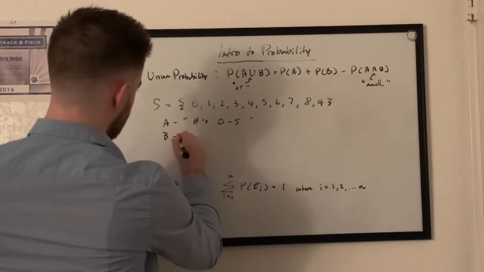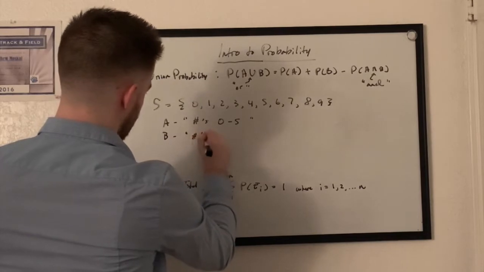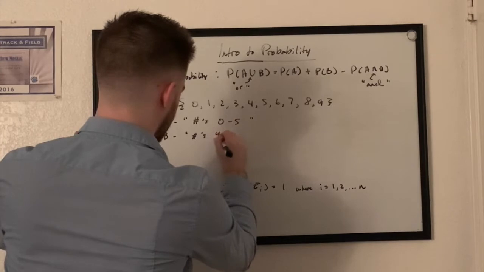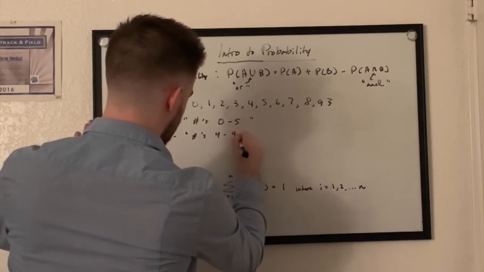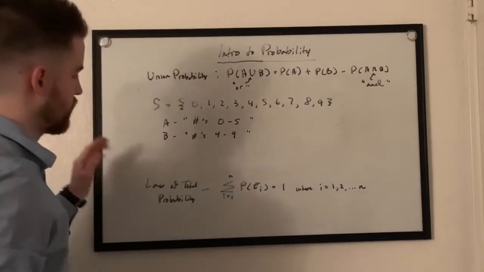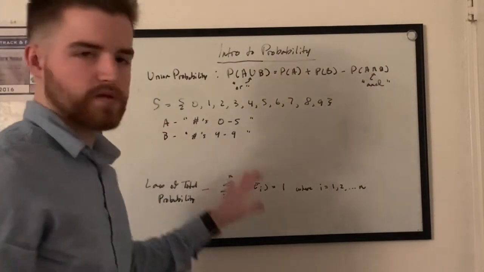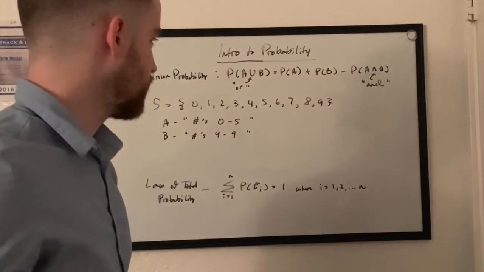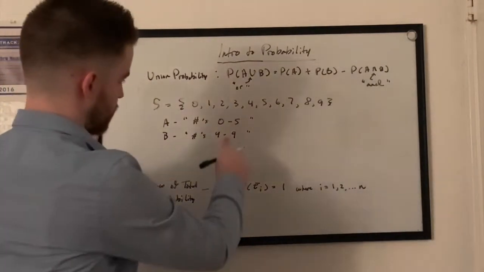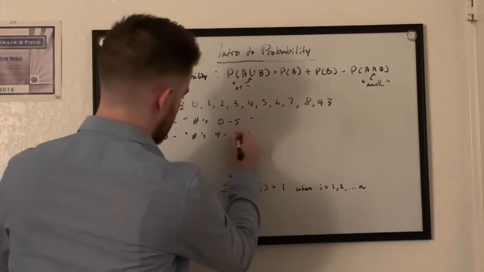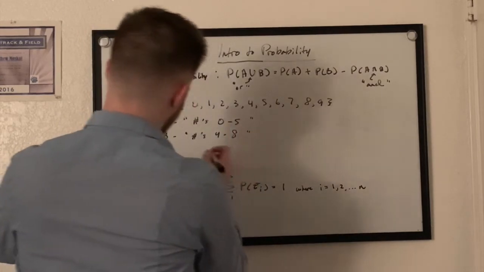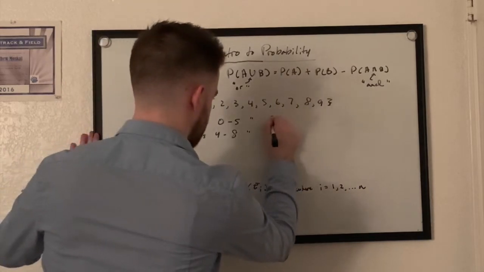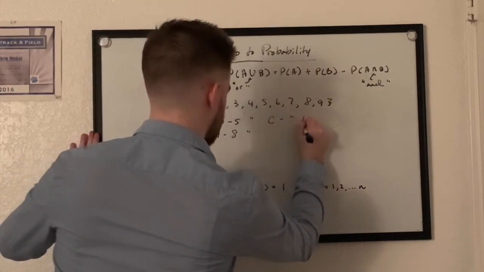And event B numbers, let's do 4 through 9. Now, let's use this formula that I have up here and see, actually, let's do 4 through 8. And then we can call a separate event, event C, being the number 9.